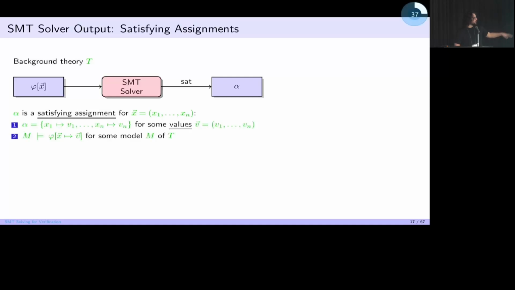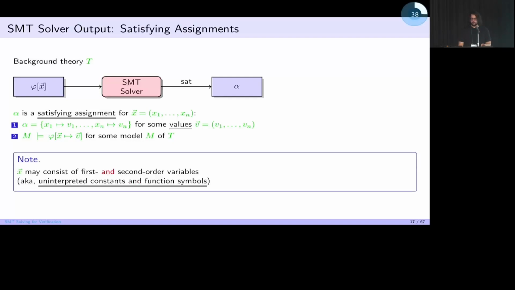You would have a way to represent this assignment: a valuation, a mapping from the variables in your problem to values. And the guarantee that you have is that if you were to assign the variables to these values, then your formula is true without needing any more valuations.